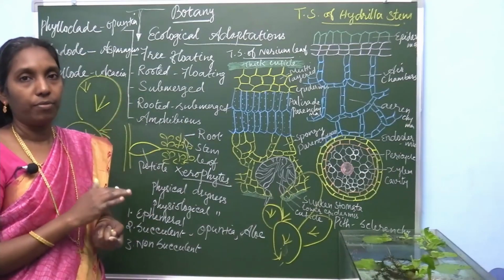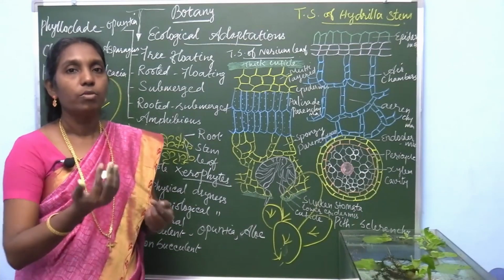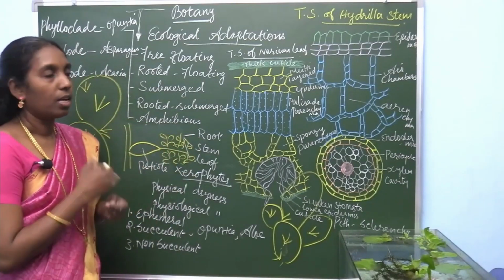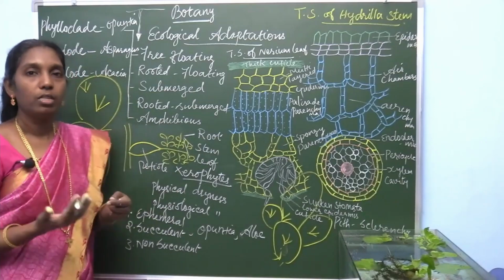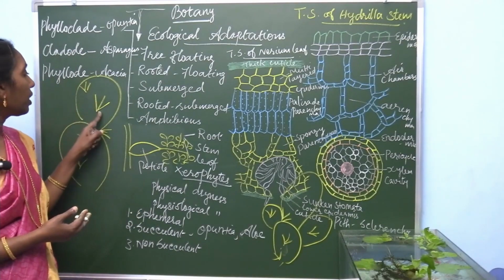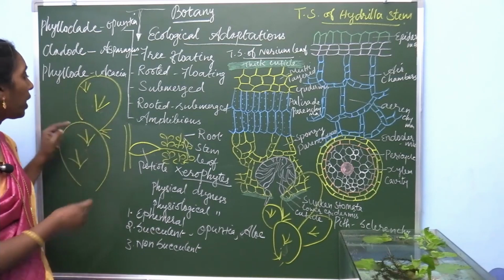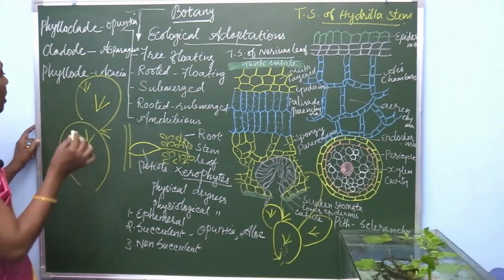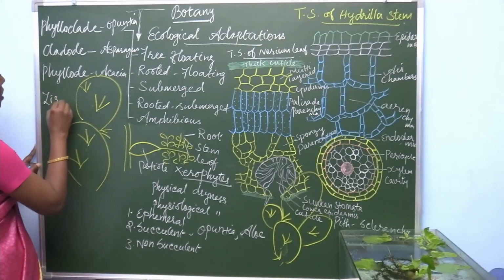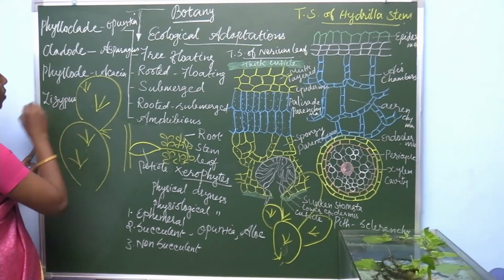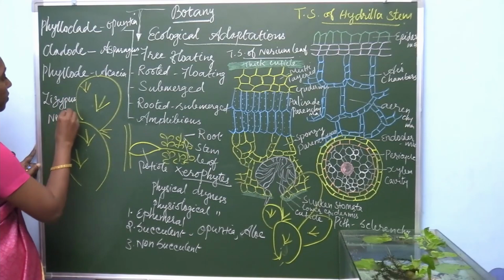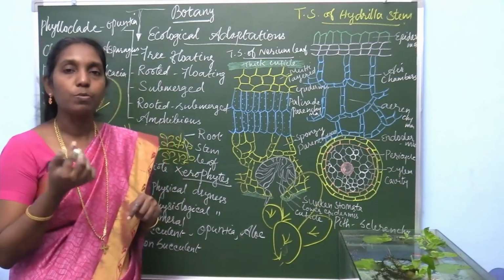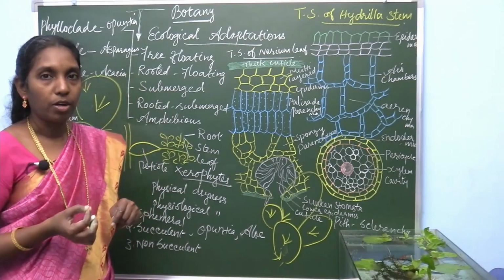This is stem modification. Succulent plants store water in their aerial parts, either stem or leaves. What about the leaves? In most cases, the leaves are reduced into spines. And in Zizyphus jujuba and Nerium: in Zizyphus, the stipules are modified into spines.